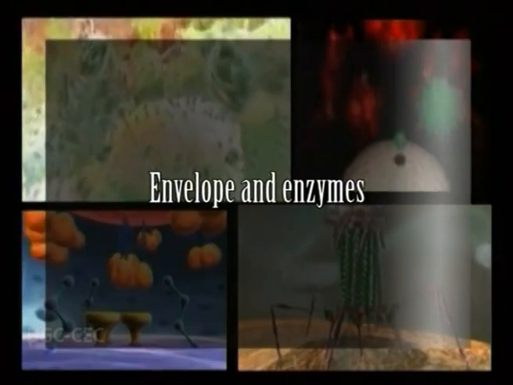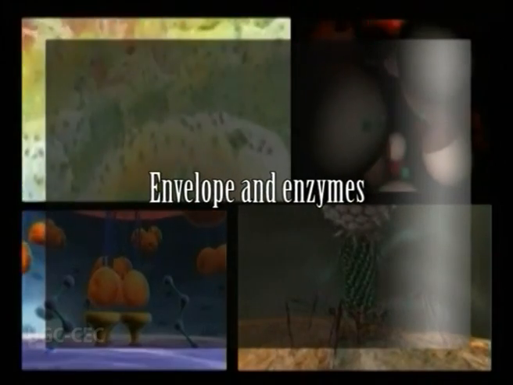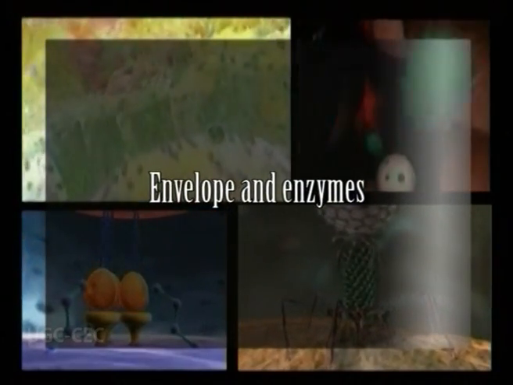Now, the third part of the virus particle is the envelope and sometimes enzymes. Many viruses, those of plants, animals, and bacteria, have complex membrane structures around the nucleocapsid, which is called the envelope.